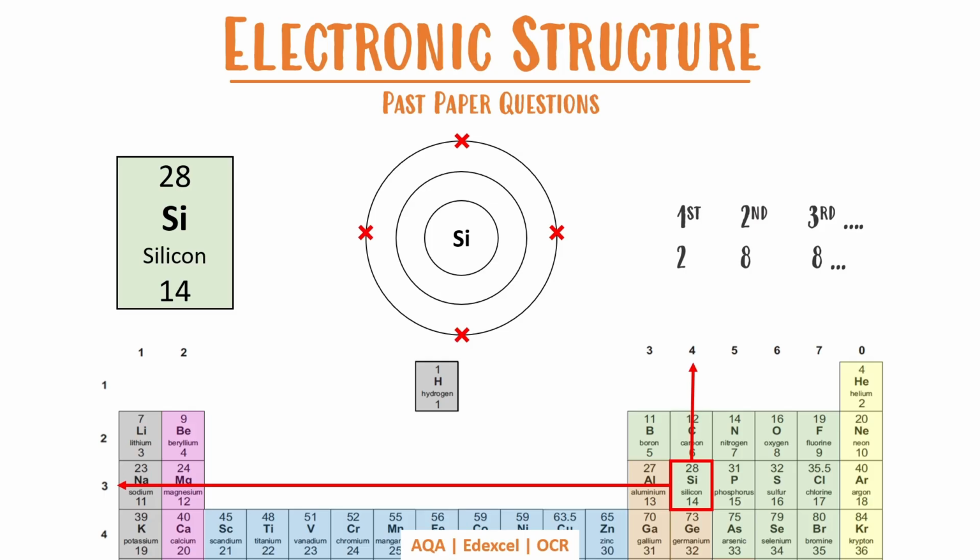So the period tells us how many shells, and the group tells us how many outermost electrons. And after we do this, because we know the rules per shell, we're just going to add as many electrons as we can to every other shell inwards, just like so. And then if we count them up, we'll have 14 electrons in total here.